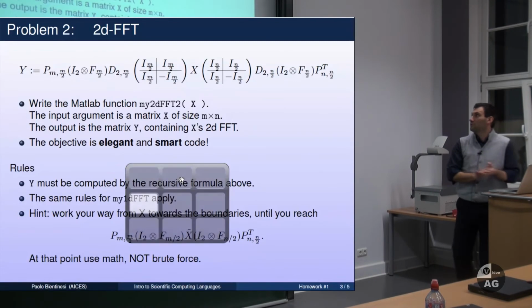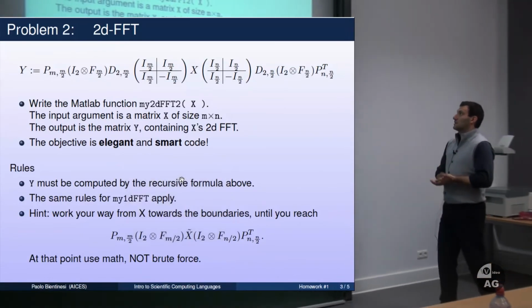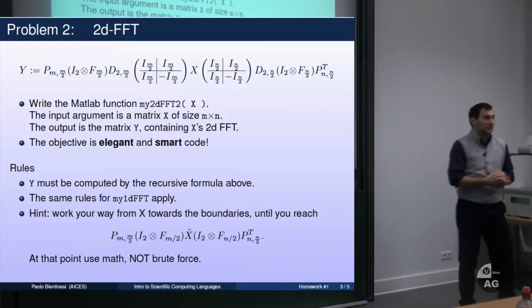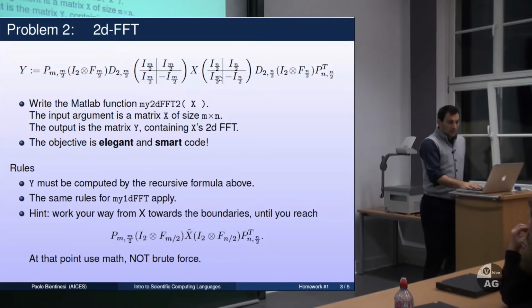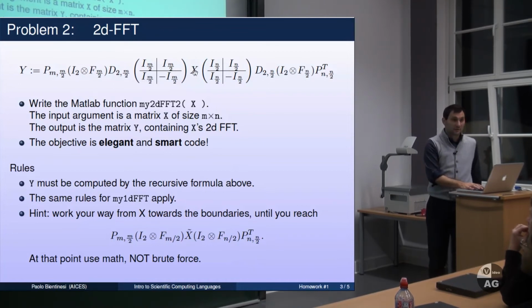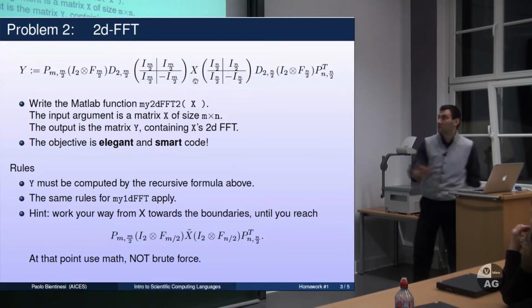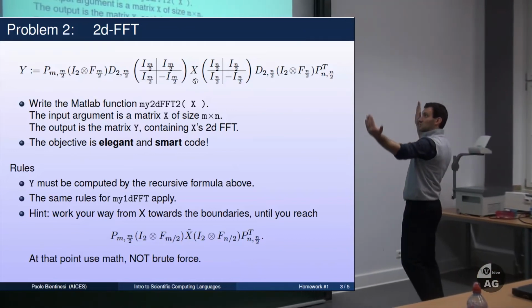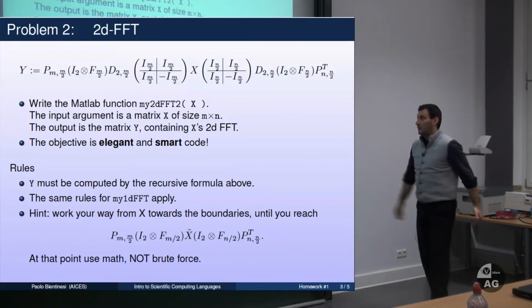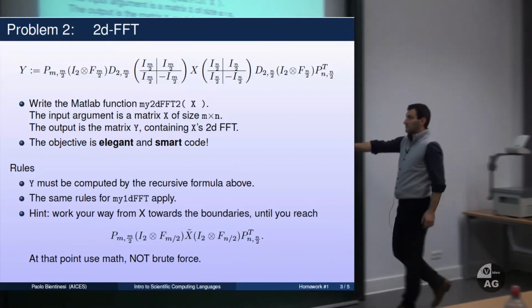All right, I don't want to go further. Once again, you want to write smart and elegant code. I give you a hint. The hint is here. Start from X and start going from the center towards the sides until you reach something like this.